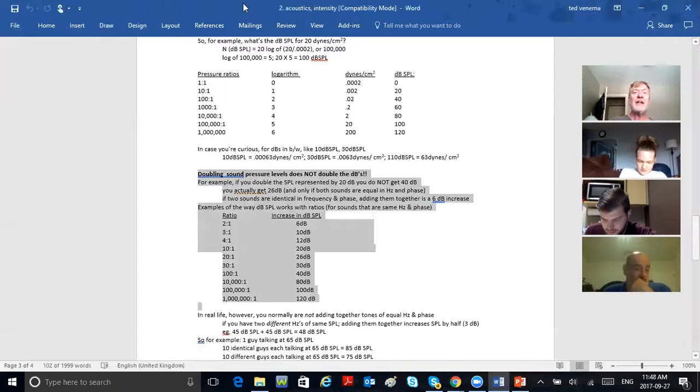If I take a 1,000 hertz tone and it's 10 decibels sound pressure level, and then I add a second 1,000 hertz tone at 10 decibels sound pressure level, the total isn't 20. The total is 26. You're looking at me going, okay, how come? Because of the stupid logarithms. That's why.